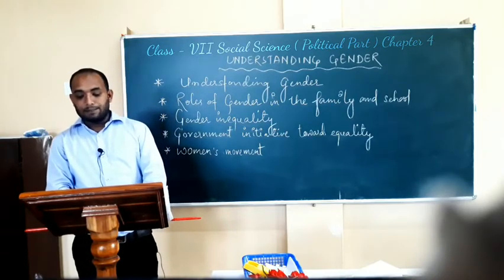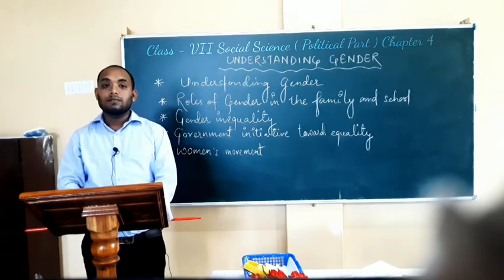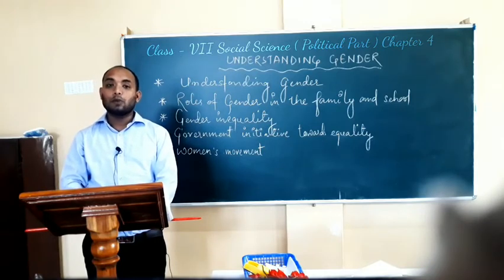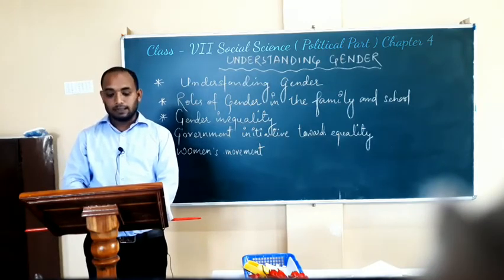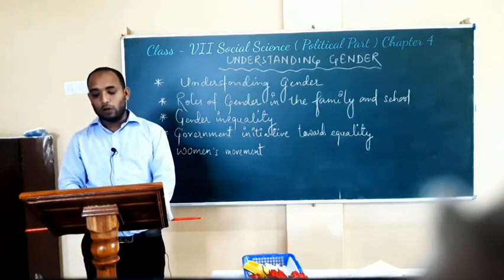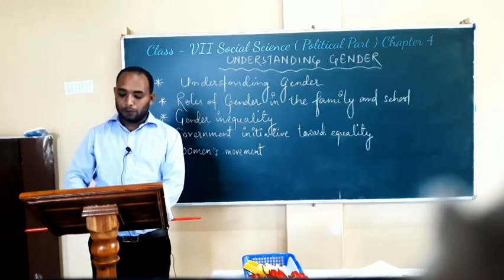Ishwar Chandra Vidyasagar was responsible for the legislation of the Widow Remarriage Act in 1856. Dayanand Saraswati opened a number of schools and colleges to promote education for girls. All these reformers emphasized that a nation can progress only when the condition of women improves.